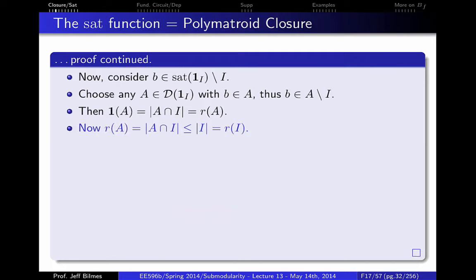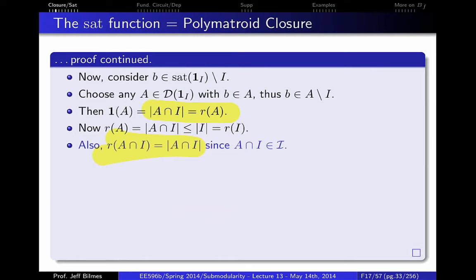Okay. On the other hand, we have that the rank of A is equal to this, but is also less than or equal to the rank of I, which is the independent set, right? So putting these things together, since the rank of A is equal to the rank of the intersection, that is equal to the size of the intersection.